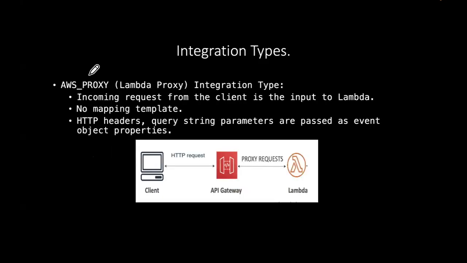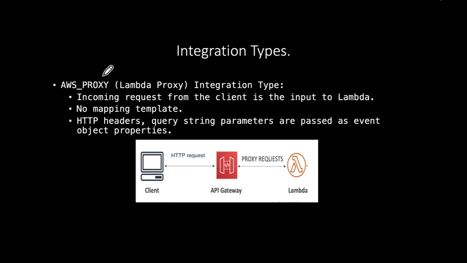The third type of integration, and this is the one that we're interested in, is what many articles that you read call the Lambda proxy. It's also called AWS proxy, I think, in some places. With that integration type, the backend is assumed to be a Lambda, as is shown on the image.